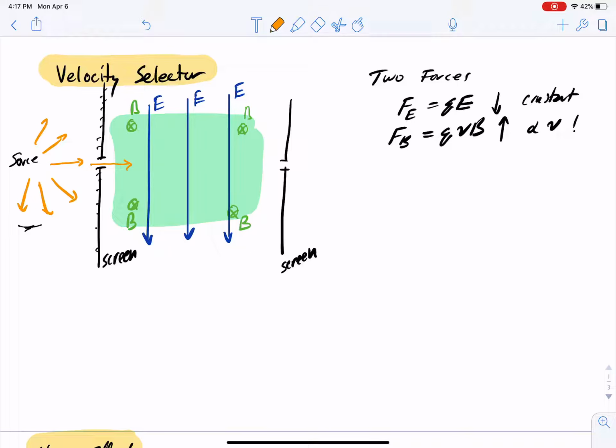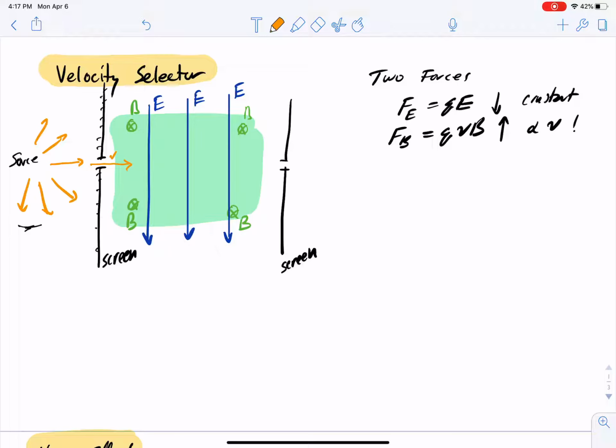Now they get into this region with a magnetic field, which here is going back into the screen, which would push those particles upward if they're positive and downward if they're negative. Okay, but we've also introduced an electric field perpendicular to both the velocity and the magnetic field.